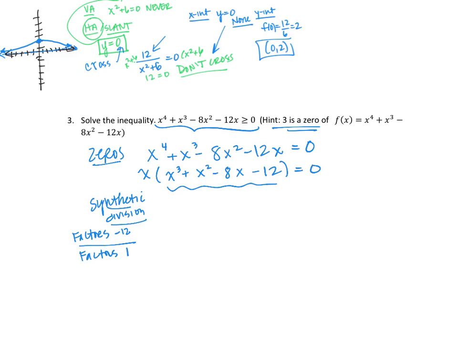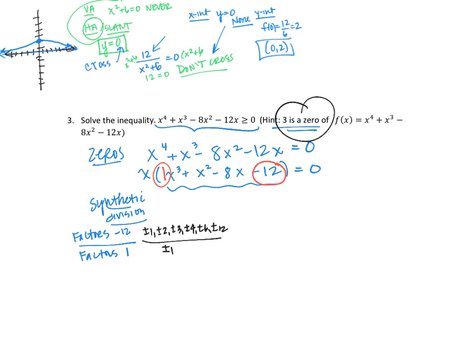So that's giving me a lot of possibilities, and I could still list them. Again, these are just the possible zeros, but it would be plus or minus 1, plus or minus 2, plus or minus 3, plus or minus 4, plus or minus 6, plus or minus 12, all over plus or minus 1.